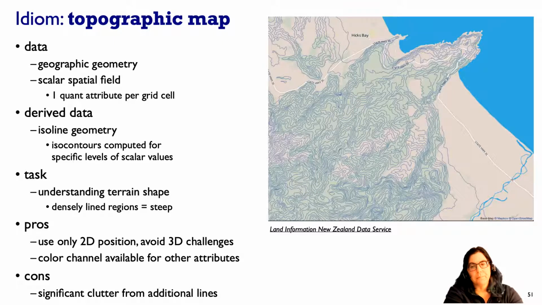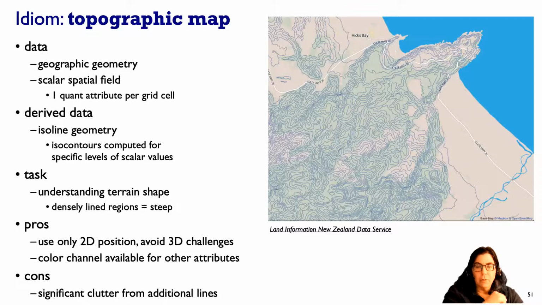Now, what's going on? We see a lot of lines on this map. What we've done is we have derived new data, these so-called isolines or isocontours. It's where you actually compute a line where there is an equal value of the scalar value, which in this case is the height. And so we're able to see these boundary lines that aren't the boundaries of geographic regions like cities or countries or provinces like we saw before.